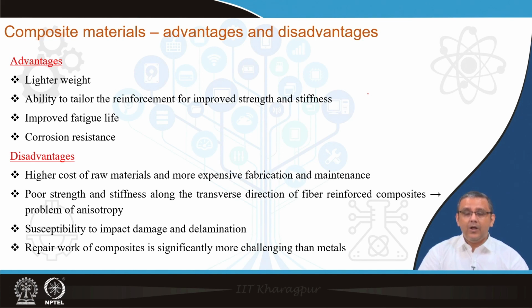We have learned that we can have fiber reinforced composites or particle reinforced composites or laminates or short fibers, and they will have different combinations of strength and stiffness. Composites can also give us improved fatigue life and improved corrosion resistance, but they are not free from limitations. One of the biggest limitations is the higher cost of raw materials and more expensive fabrication and maintenance.